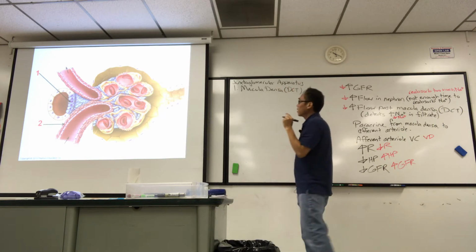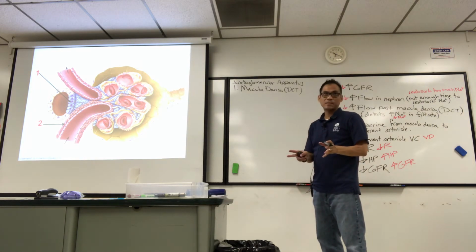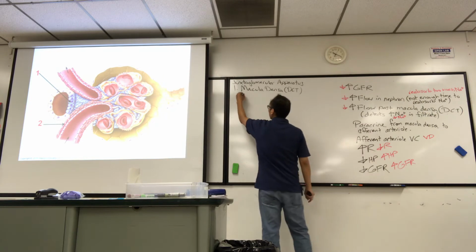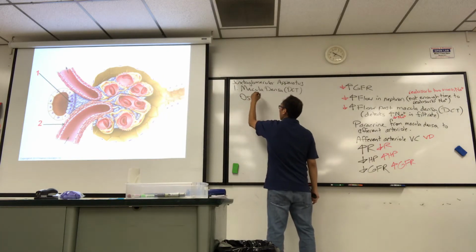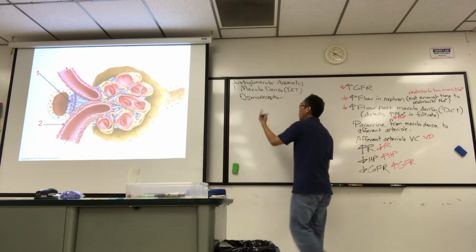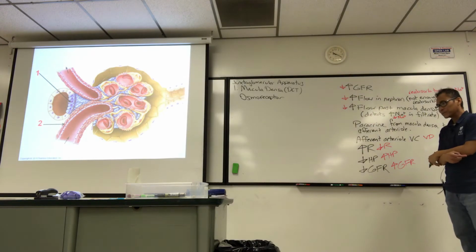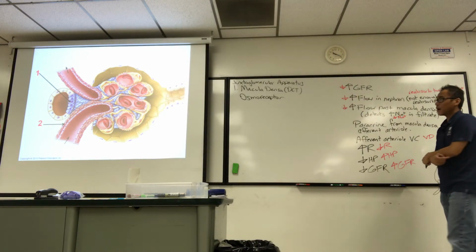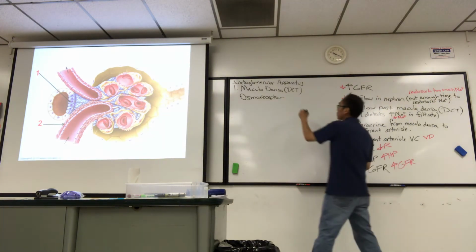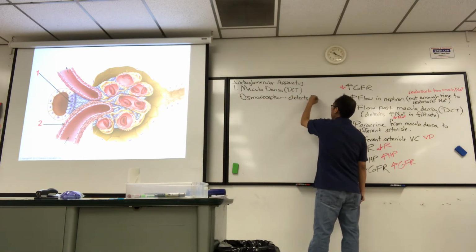So the physiology here is it's an osmoreceptor. It's a salt detector. Like osmosis, the diffusion of water depends on salt concentrations, right? So the osmoreceptor detects salt. Detects sodium levels, basically.